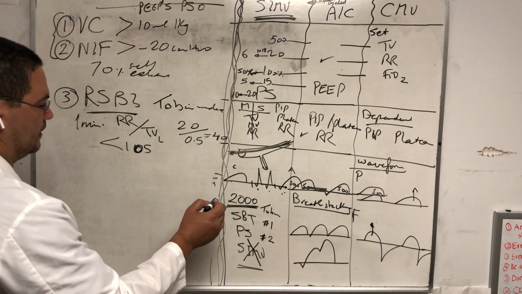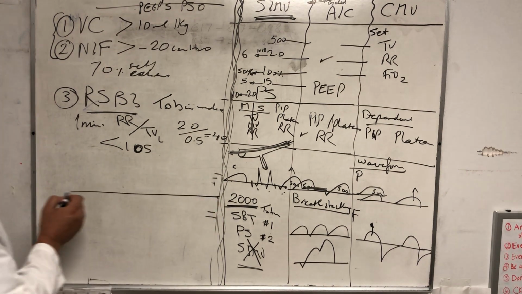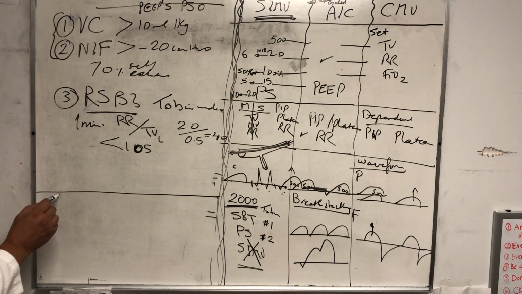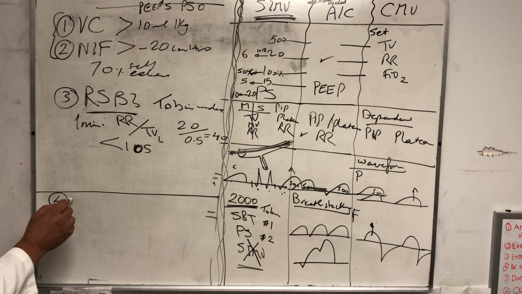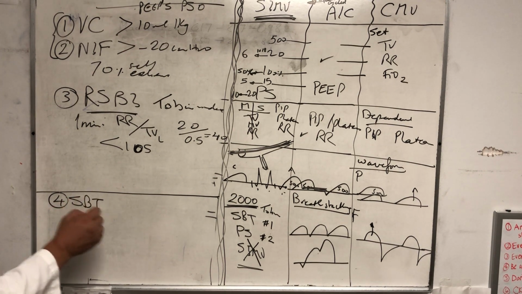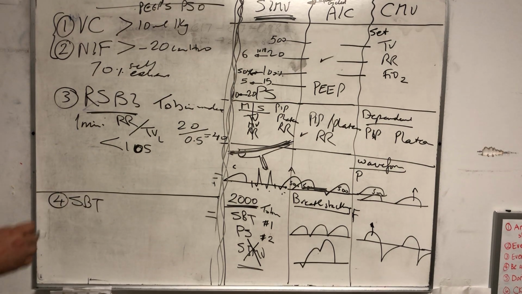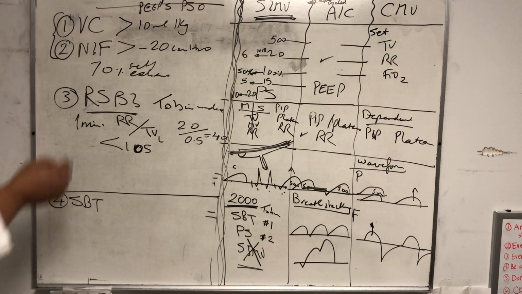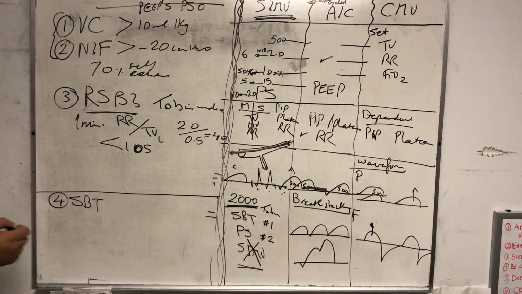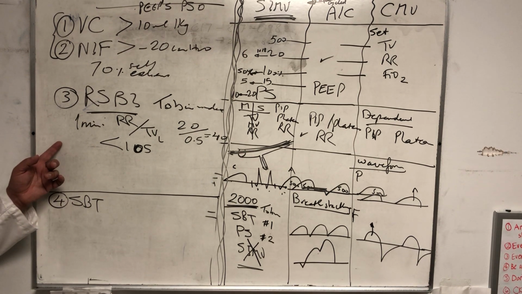Okay? Now, the next one is the SBT, which is also Tobin. All of the above, when compared with SBT, showed that there are potentially successful extubations that these are missing.